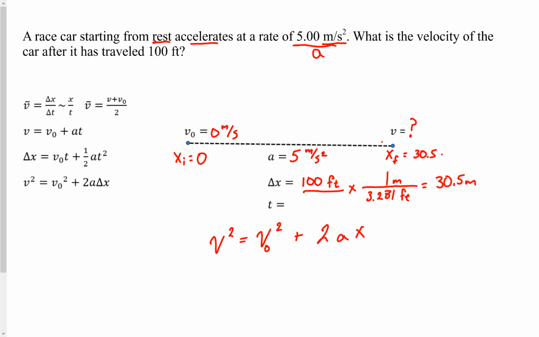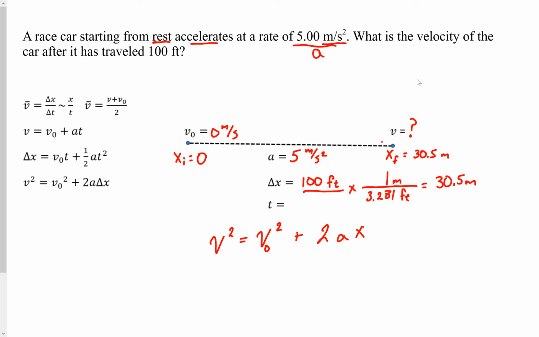And if you paid attention to the last video, about the only time we really need this x initial, x final way of solving the problem, and actually using the delta x, is usually if there is a chase in the problem. So you have two objects, one chasing after the other, something of that nature. Maybe they're going to collide or something like that.